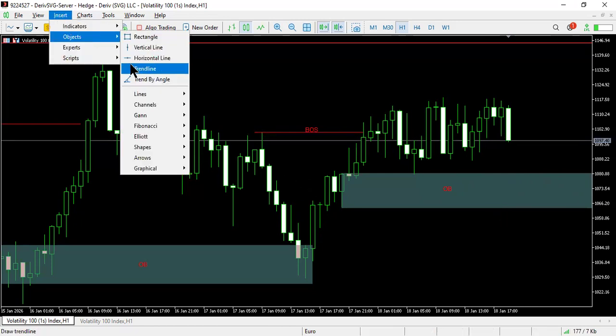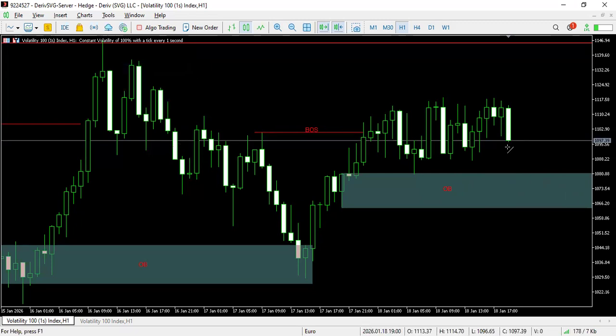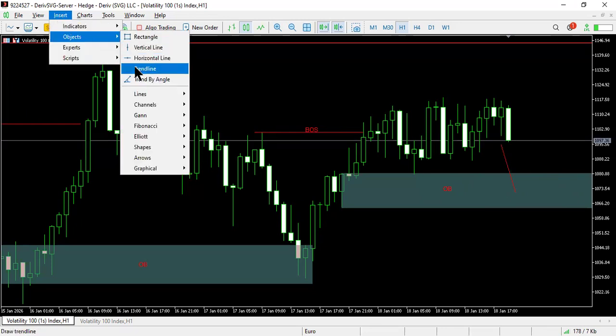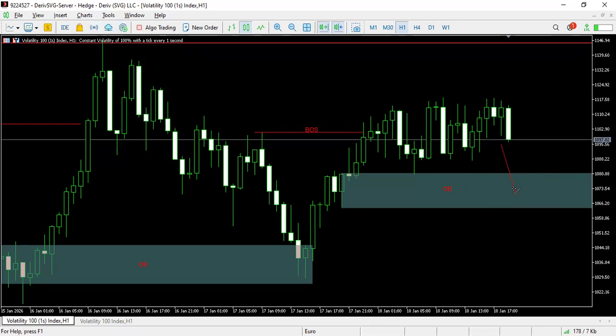Therefore, this entry has to be a confirmation entry. Wait for the reversal candlesticks which I just mentioned for price to tap in there, and then for it to show you that it's ready to push up, then you can place a buy position when price is ready to push up.